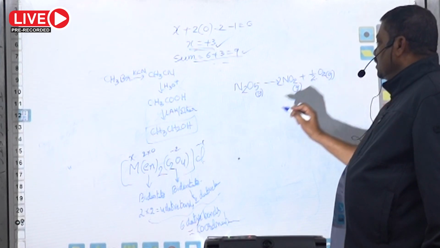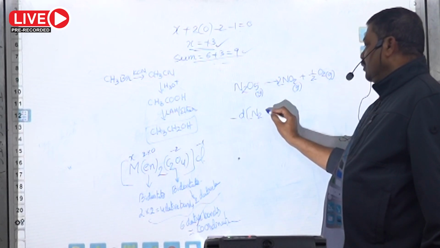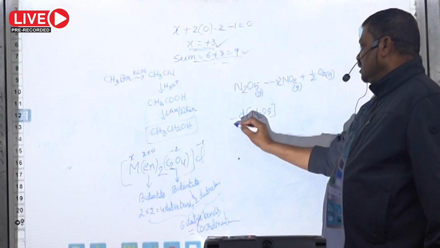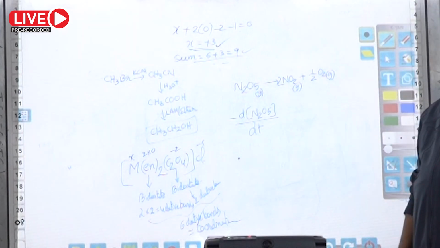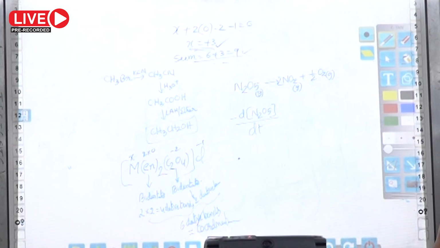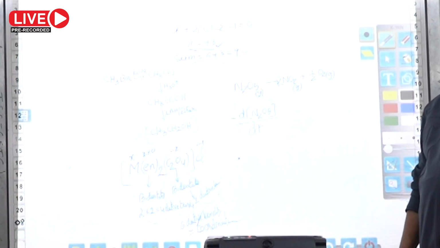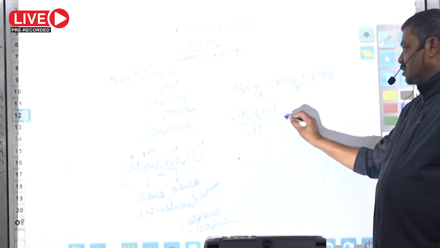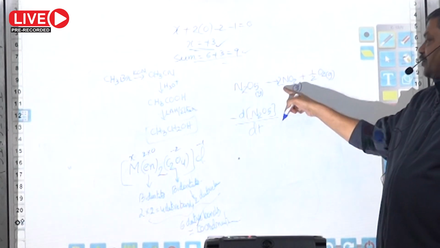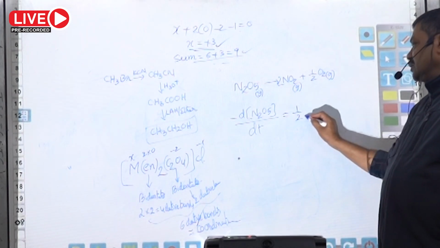So 2 into 2, 4 dative bonds. This is 2 dative bonds. Total dative bonds are 6, or coordinate covalent bonds. That is called coordination number. So coordination number of M is 6.